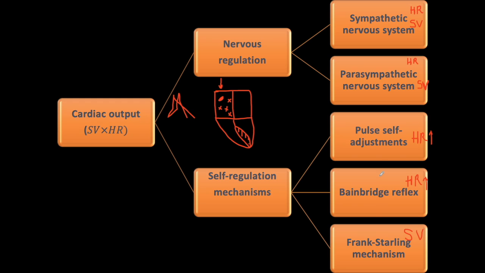Note that these 5 parameters are very complex and act through many mechanisms and different approaches, which I may discuss later in different tutorials. For example, this pulse self-adjustment, Bainbridge reflex, and Frank-Starling mechanisms, which are all self-regulatory mechanisms, inherent characteristics of our heart, are all related to this venous return, as I told you.